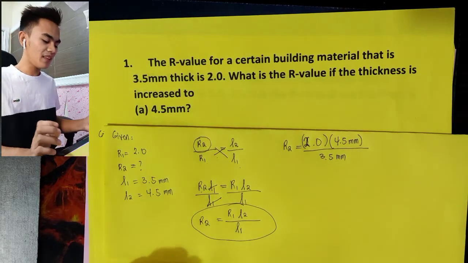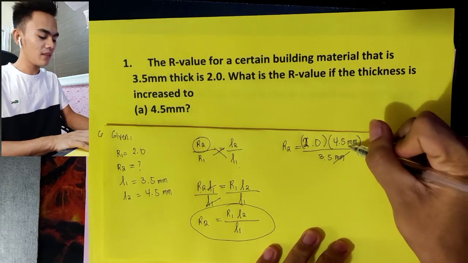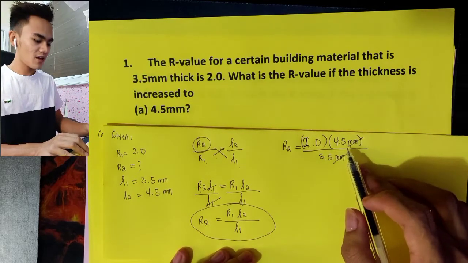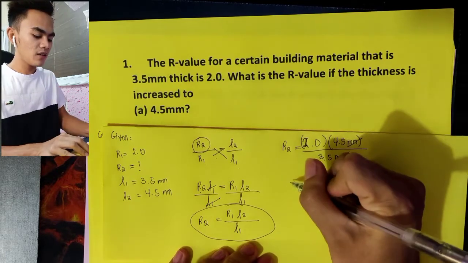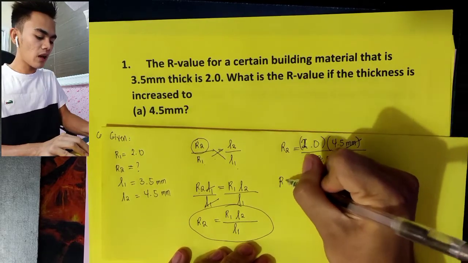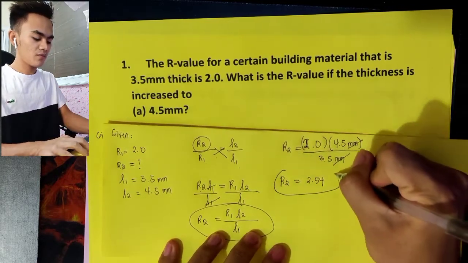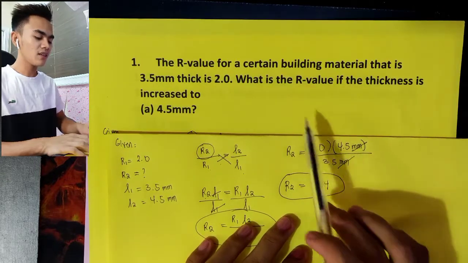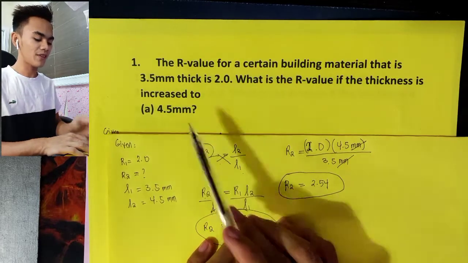Next, we cancel out the same units, millimeter and millimeter. So 2.0 times 4.5 divided by 3.5 is equal to 2.54. Therefore, our R value is 2.54. This is now our R2, the R value if the thickness is increased to 4.5 mm.